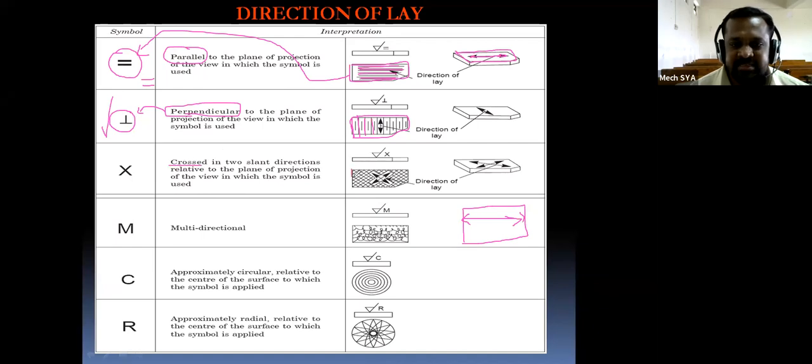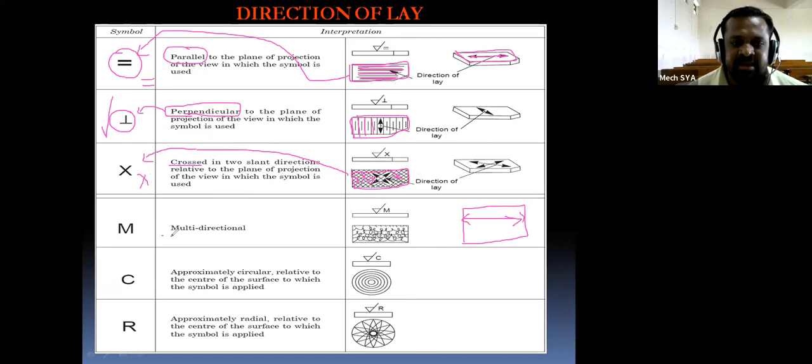So this is the surface, and if the irregularities are crossed to each other like this, then it is called the crossed direction of lay. It is represented by this crossed symbol.